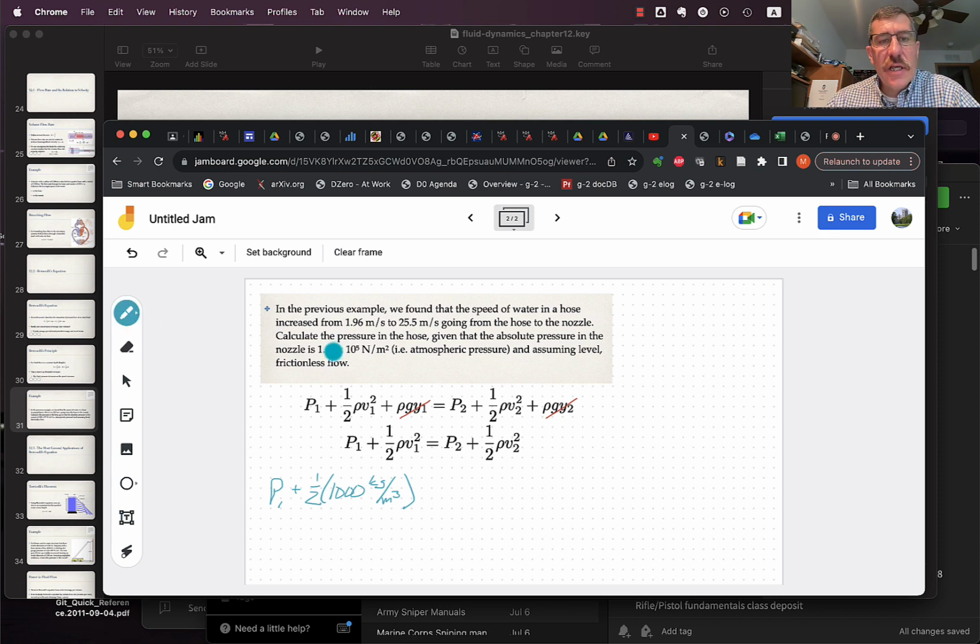The speed in the hose was 1.96 meters per second, squared.